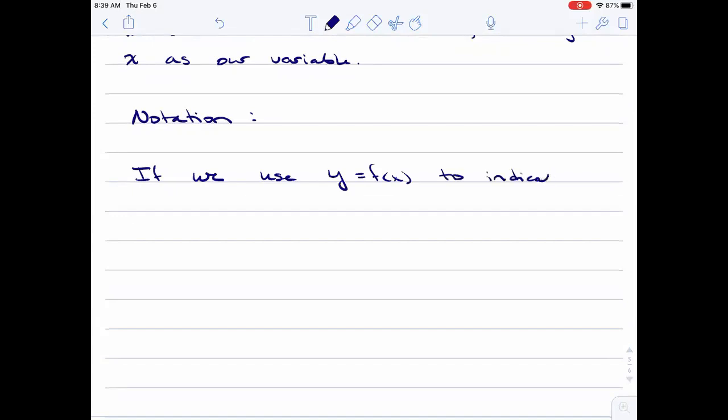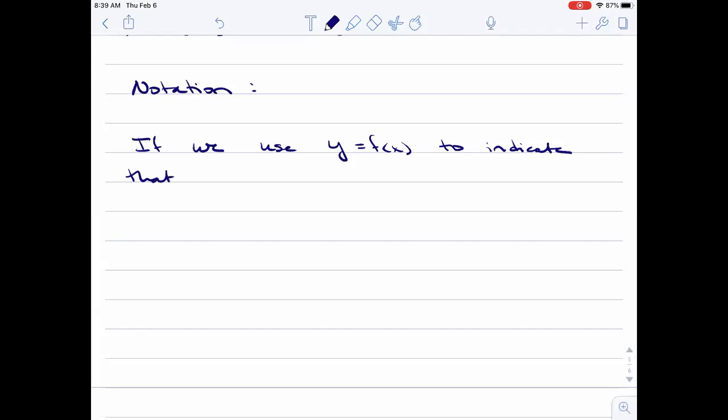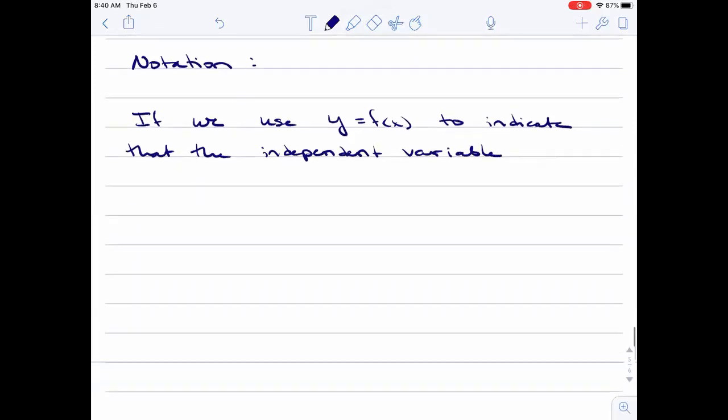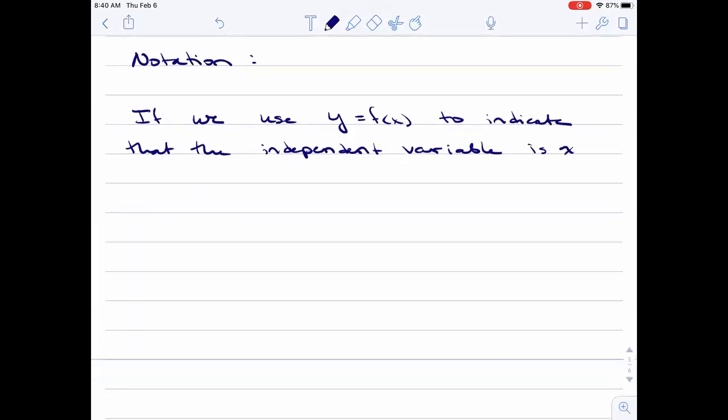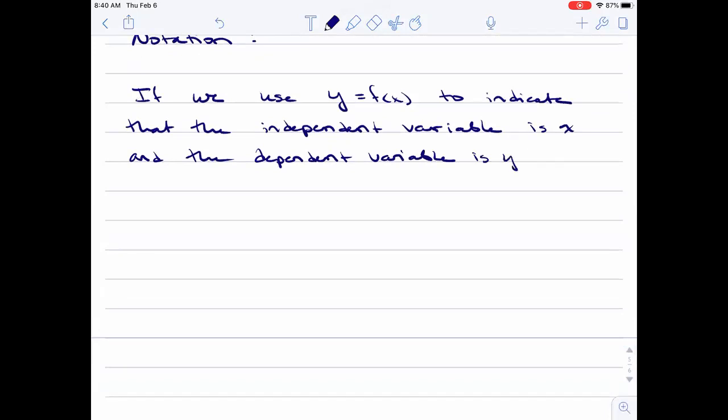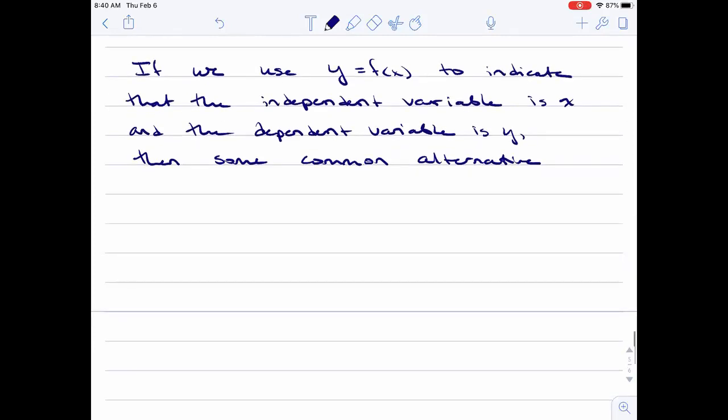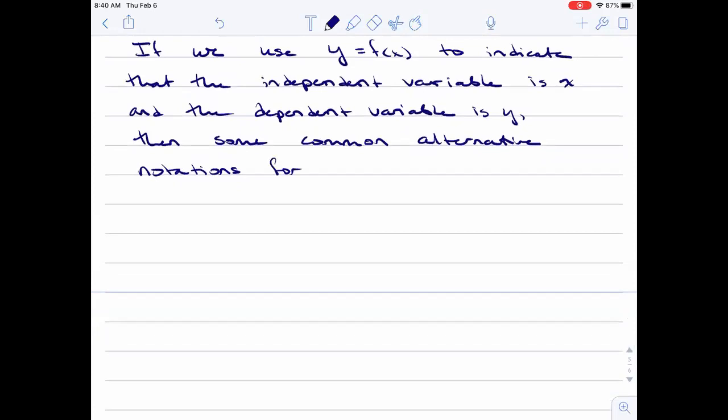To indicate that the independent variable is x, and the dependent variable is y, then some common alternative notations for the derivative are these.